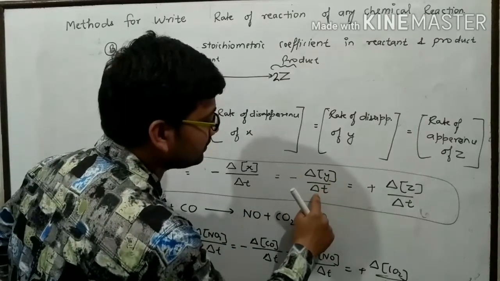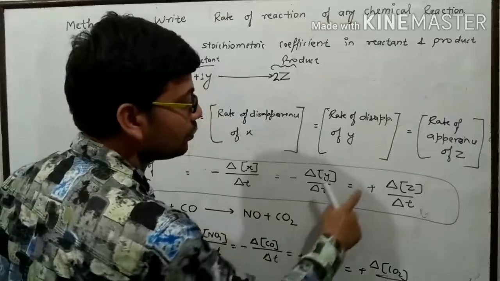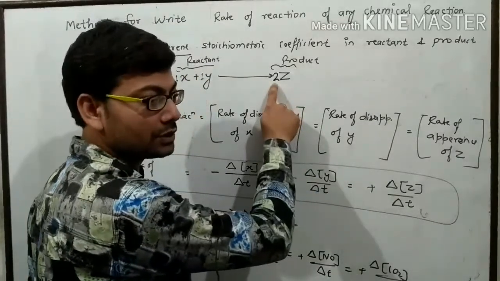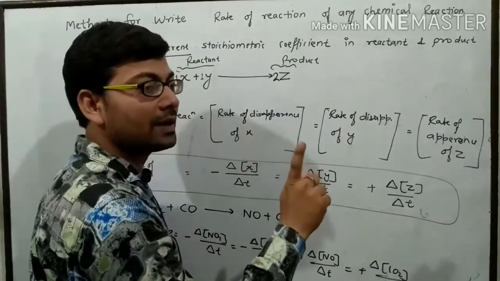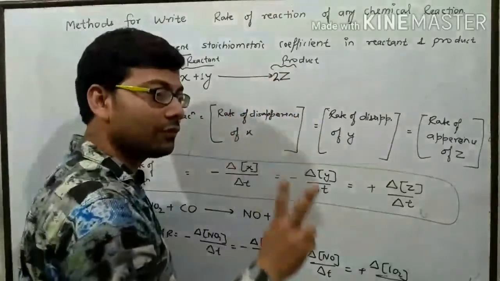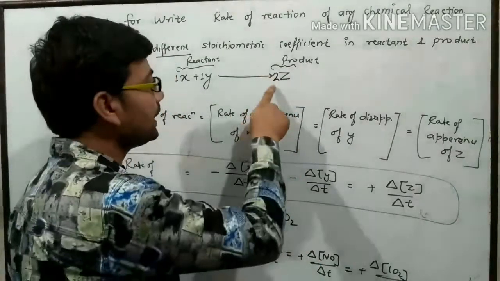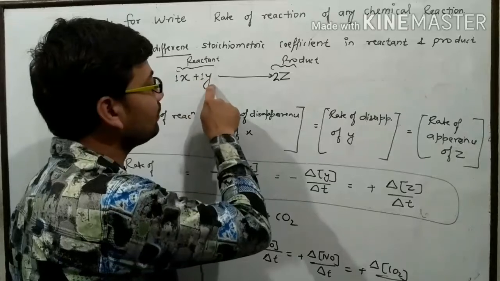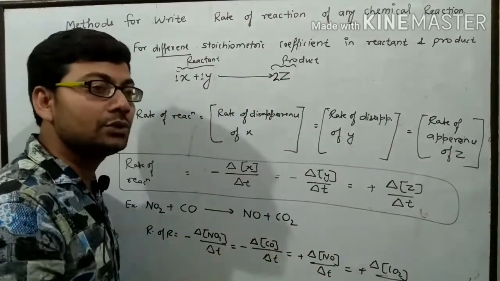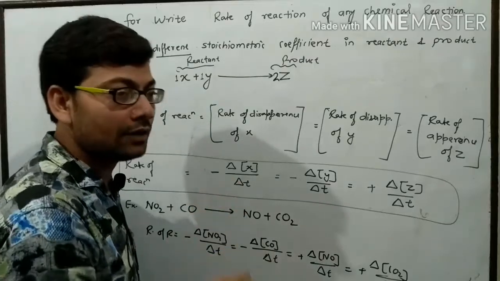Minus delta Y upon delta T equal to, अब यहाँ पर देखो, यहाँ पर 2 moles का फॉर्मेशन हो रहा है, लेकिन हमें इसको 1 mole में बनाना है. 1 mole X 1 mole Y मिलकर 2 mole of Z का फॉर्मेशन कर रहा है. लेकिन अगर 1 mole ये है 1 mole ये, तो ये कितने moles का फॉर्मेशन करेगा? मींस 1/2, means half.